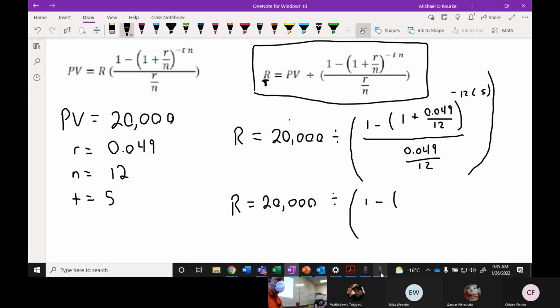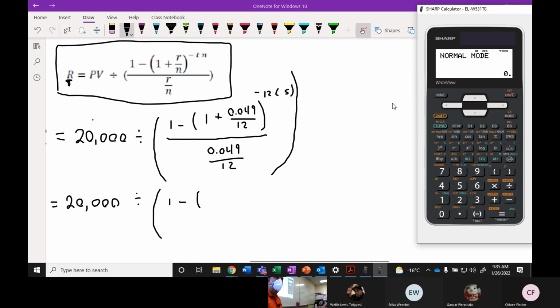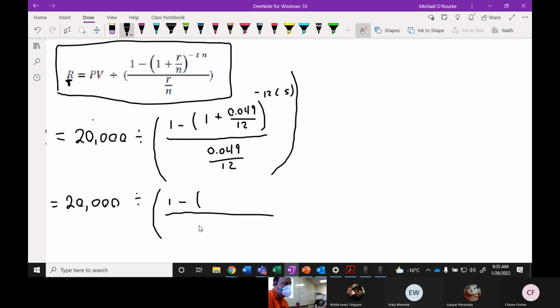If I were doing this calculation in my calculator, I would go 0.049 divided by 12 equals, and I get that number, and I put it under here. 0.0041.